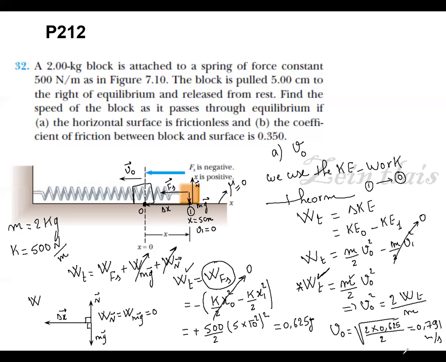You can choose any 2 points on the system. First of all, you have the initial position and the final, and you have to specify between which points you are calculating the values. Here we have between 1 and O. Maybe you can have between 1 and 2, or any other positions.